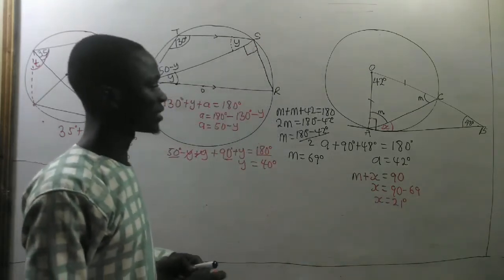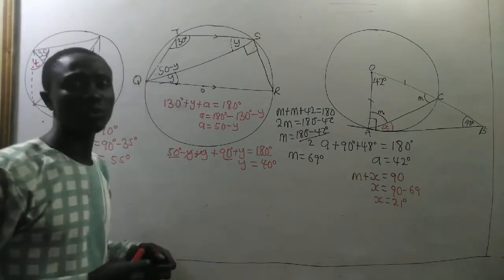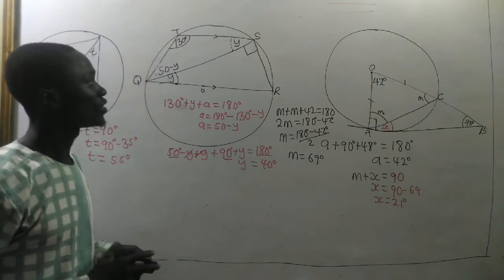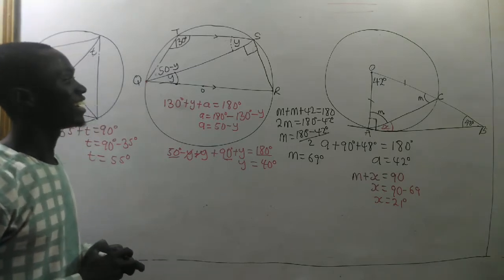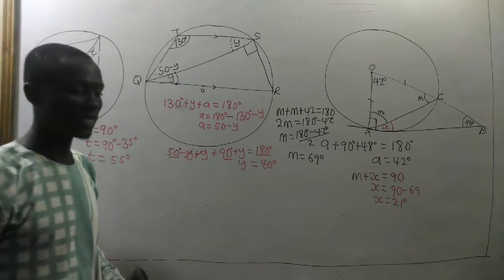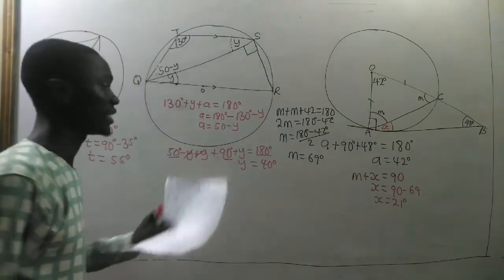I hope this helps. The techniques that I'm using will help you to solve any circle theorem question, or most of the circle theorem questions that you will encounter. Let's take the next example. I said I have 10 examples here.